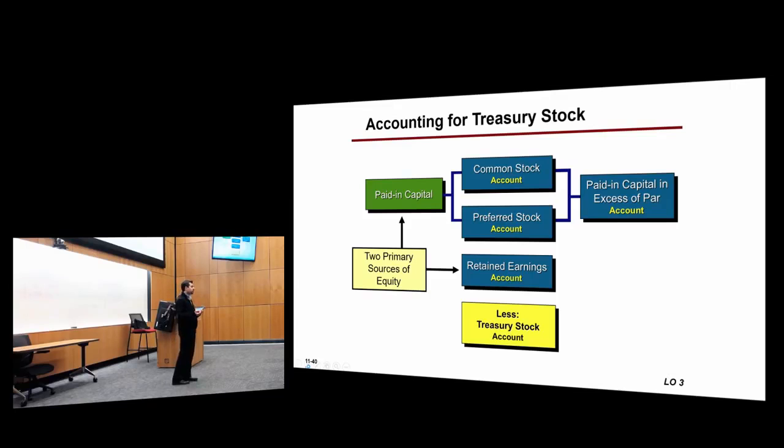Let's say the yearly bonus, instead of giving them cash, they give them stocks. In this case, the manager will have a better motivation to improve the performance so that the price of the stock will improve. Now, this is usually, later on, deducted from stockholders' equity. Let's see how this is done.